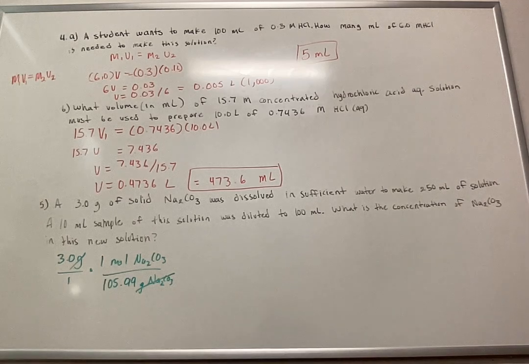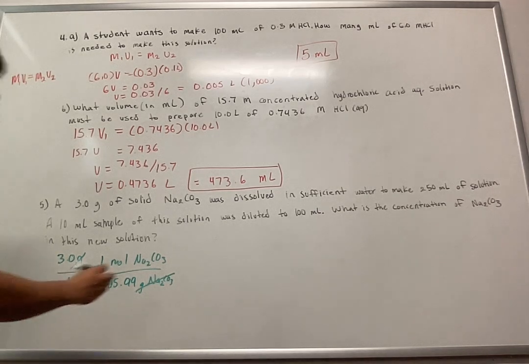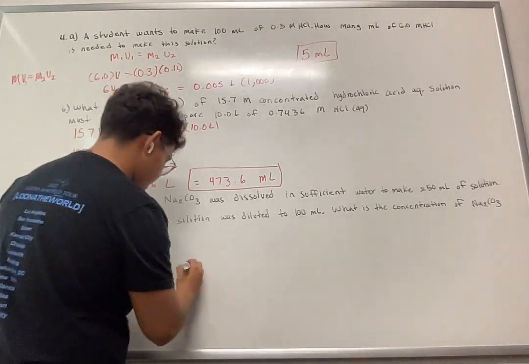So now we have to divide 3 over 105.99. That gives us 0.0283 moles.